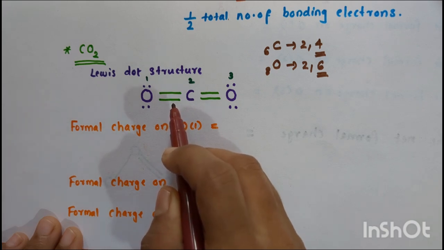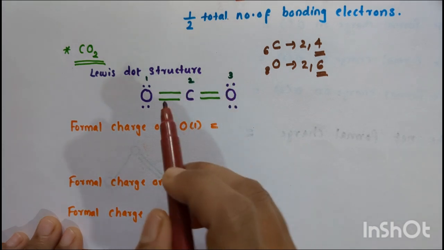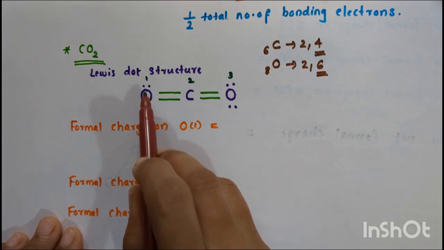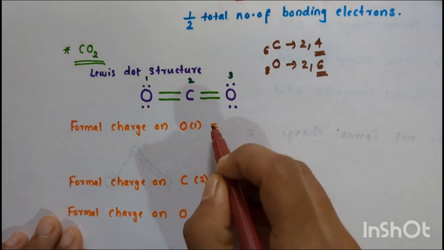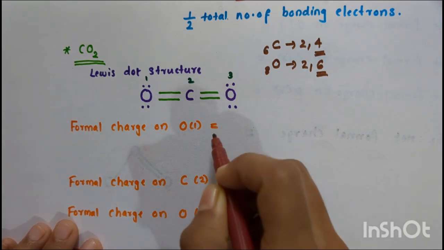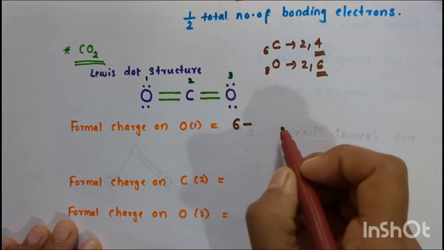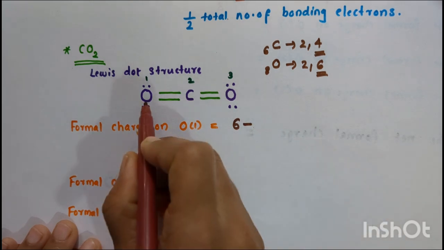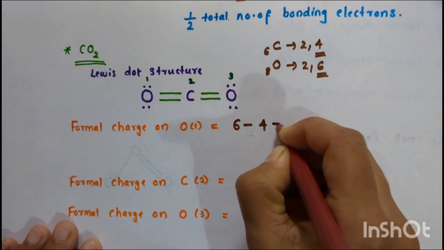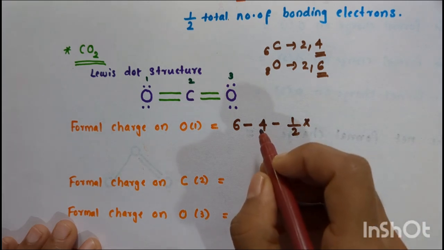Now, let us number these atoms as 1, 2 and 3. Consider the oxygen atom numbered 1 first. The formal charge on this oxygen atom is the total number of valence electrons in the free atom, which is 6, minus the total number of non-bonding electrons, that is the lone pairs, 4, minus half of the total number of bonding or shared electrons.